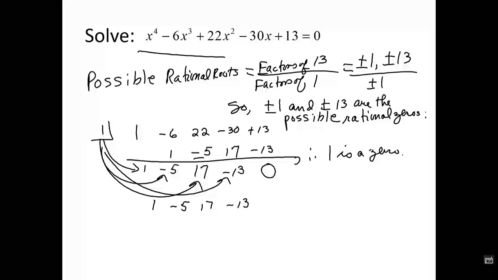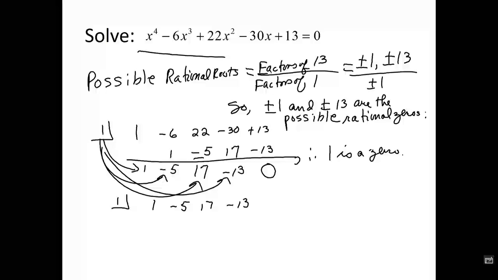The reason I've written just the coefficients again is to see if we can use the possible rational roots tests to determine if 1 is also a zero of this new polynomial. So let's try dividing by 1 again.